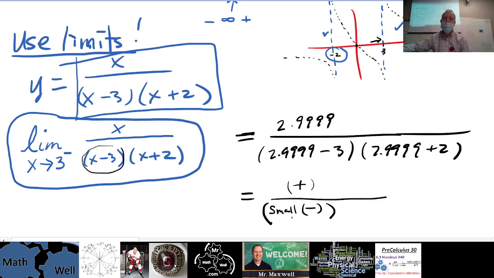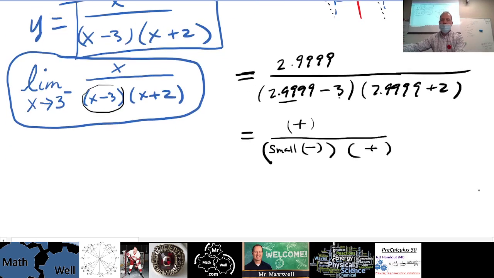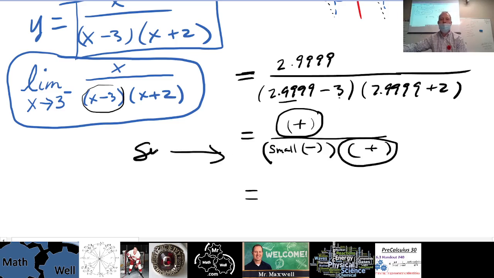But it's always going to be negative because this number is smaller than this one. And this one over here is just going to be a regular old positive number. So we have a regular old size positive number divided by a regular old size positive number, but this whole denominator is going to be very small, and it's going to be negative.